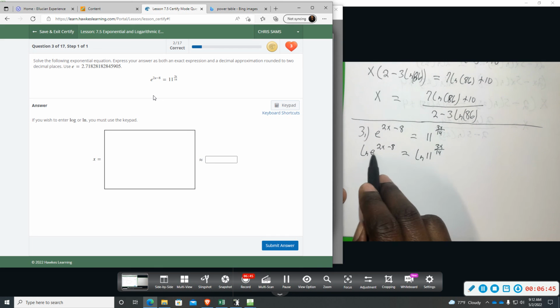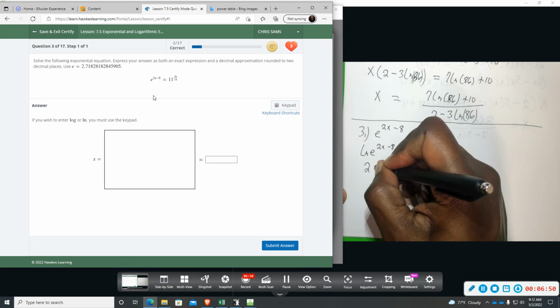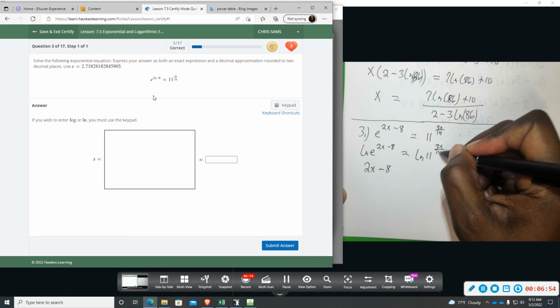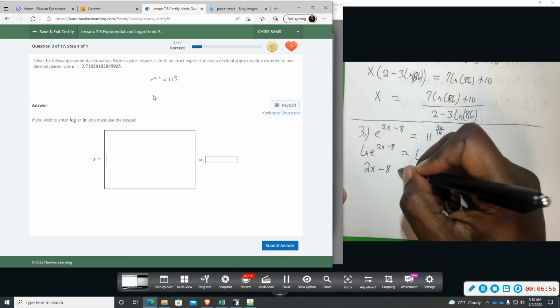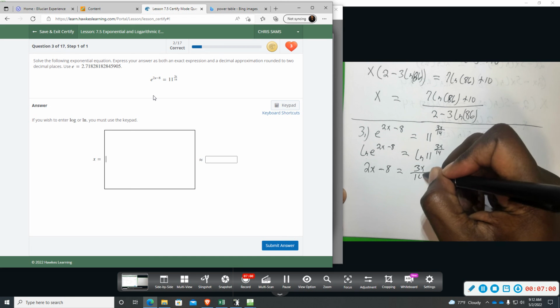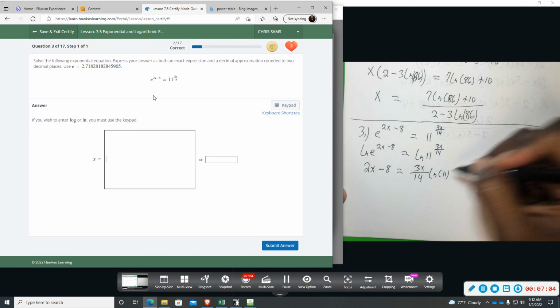So over here the ln will cancel out because we have base e understood. 2x minus 8. Over here we're going to bring the 3x divided by 14 down, and then times ln of 11.